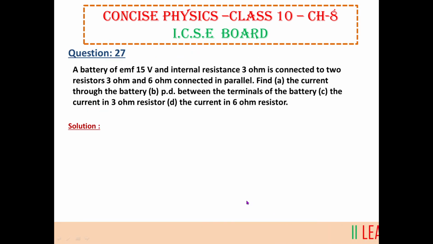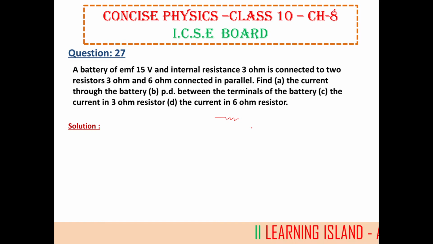Question number 27. What is said here? It has been mentioned that a battery of 15 volt and an internal resistance of 3 ohm is connected to two resistors of 3 ohm and 6 ohm connected in parallel. First draw the circuit.